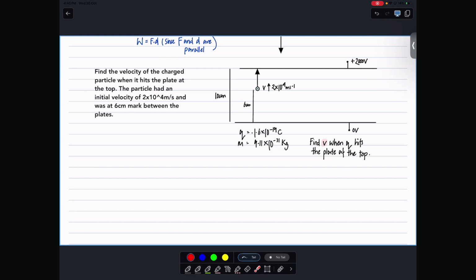No, your velocity in this case will increase. Isn't my negative charge going to the positive plate? Isn't it experiencing attraction? It will increase. If it were repulsion then... So what answer are you getting here? Into 10 to the power 7. Okay, let me do it. Does anyone have any answer before I start?